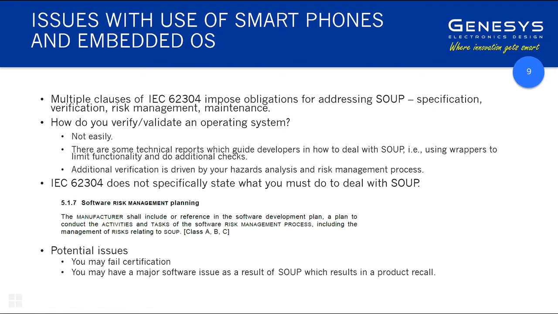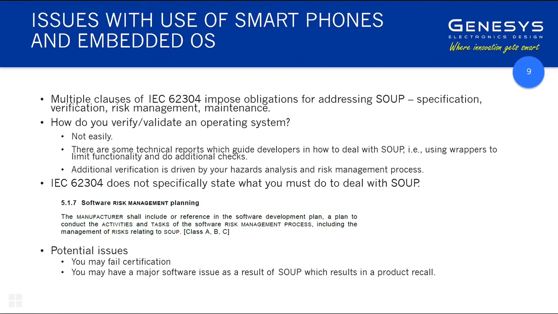For example, using wrappers so that you can limit the functionality of what's being used by that OS. You only have access to those wrappers and not all the other functions, and the wrappers can be used to do additional checks like range checking. So there are things you can do to try and reduce the risks there.